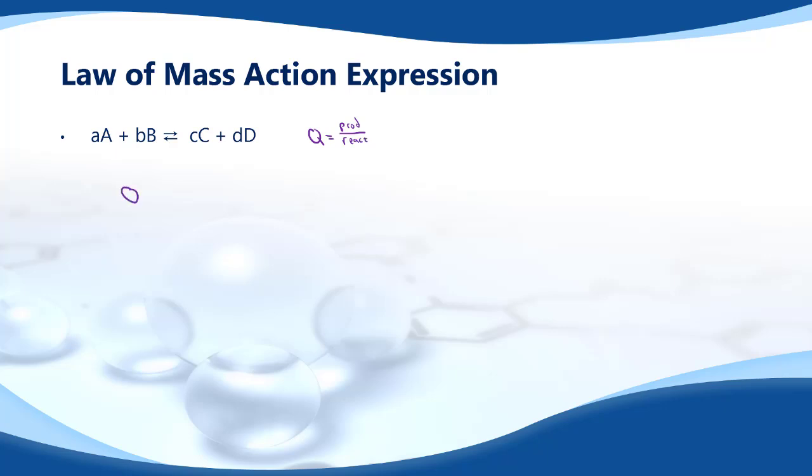So our actual expression is, I'm going to say Q is equal to the concentration of C to the C power times the concentration of D to the D power over A to the A power times B to the B power. So it's always going to be products over reactants. Each concentration gets raised to its coefficient as an exponent. So this right here is the law of mass action.